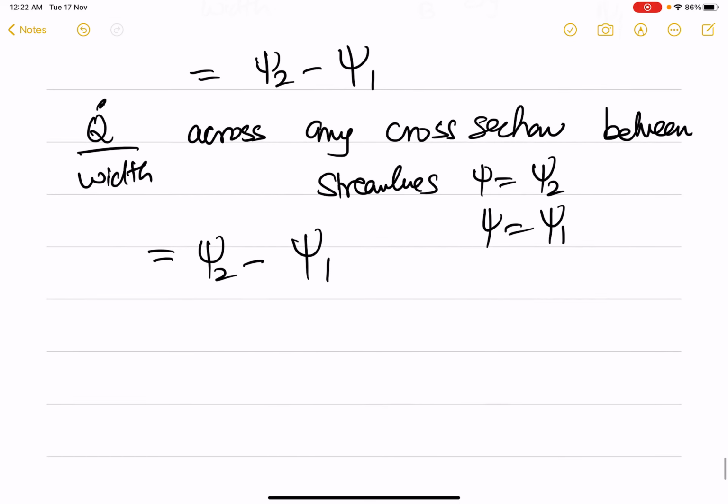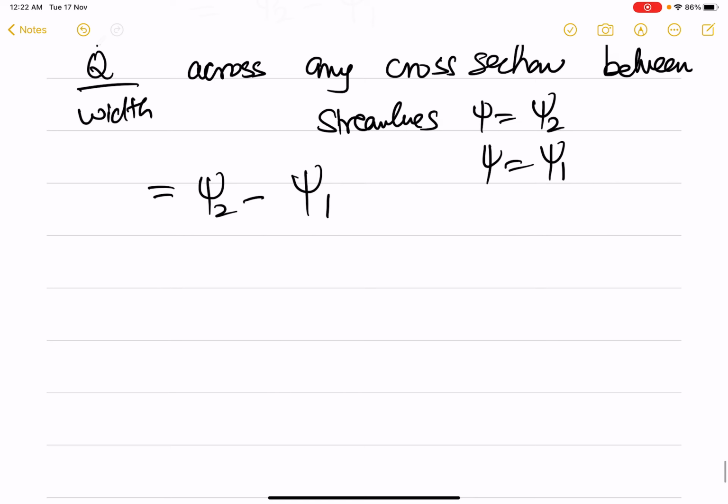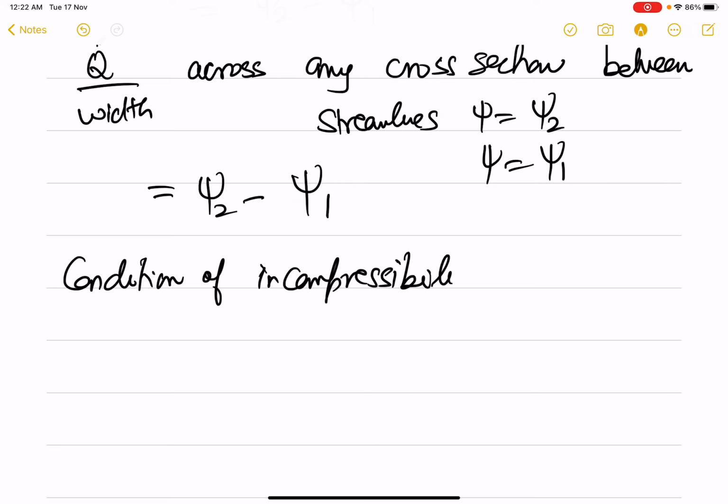Next, let us look at the condition of incompressibility in a bit of detail, or when is the condition of incompressibility valid?